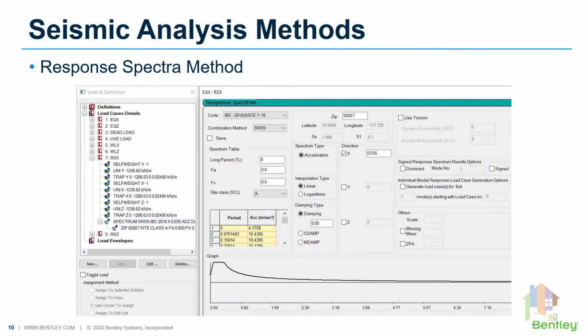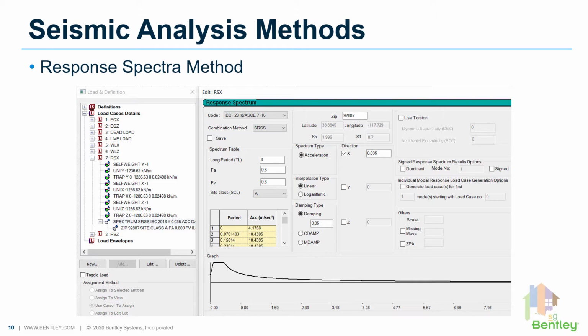The second one is the response spectrum method, where we need to specify the time versus acceleration or displacement values. These values are either code specific, depending on the seismic code that is used, or site-specific custom data can also be provided. If you know the past earthquake data of your project site, you can easily use that custom earthquake data for the seismic analysis.